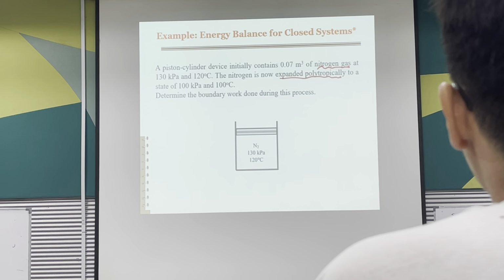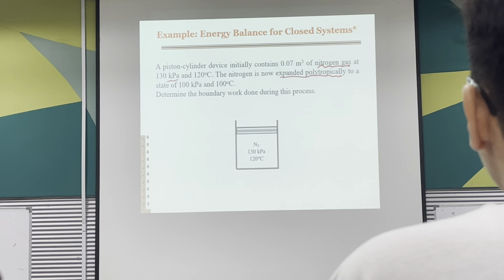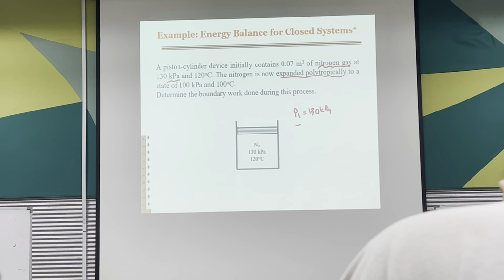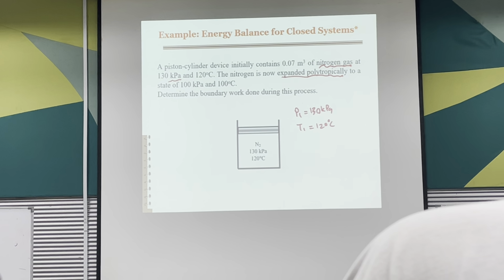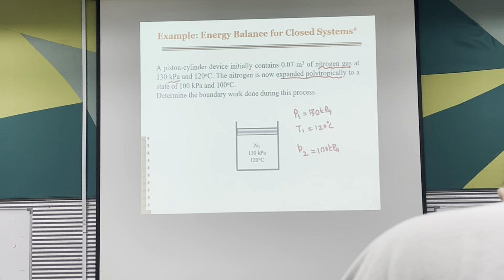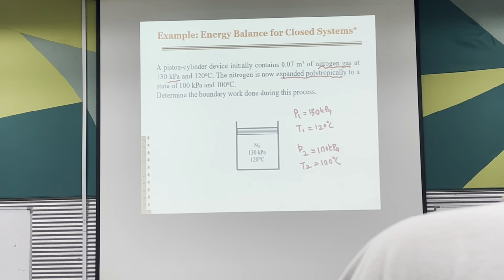So this question is actually more straightforward. You are given P1, which is 130 kilopascal, T1 is 120 degrees Celsius, and P2 is 100 kilopascal, T2 is 100 degrees Celsius. You need to find the boundary work.